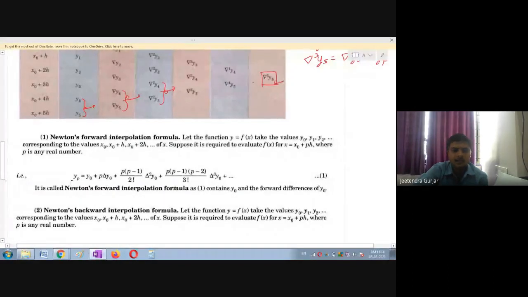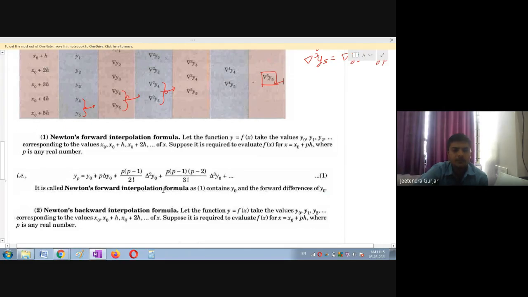Then yp = y0 + pΔy0 + p(p-1)/2! Δ²y0 + p(p-1)(p-2)/3! Δ³y0, and so on, students. So you can see, this is Newton's forward interpolation formula. It is helpful to estimate the accurate value, to approximate the value, right? To get the accurate value, we will be using this formula, a very important formula in numerical analysis.